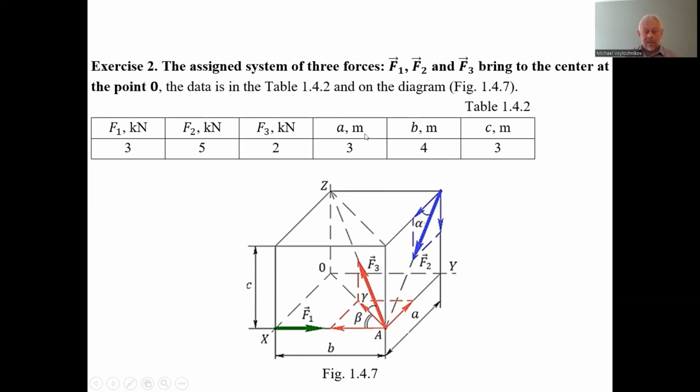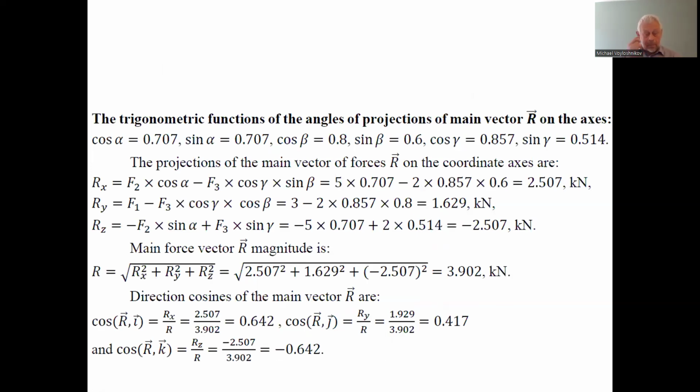A and C are two sides of the right angle triangle: C is 3 meters, A is 3 meters. So this is a right angle triangle, alpha is 45 degrees, and cosine and sine alpha are equal to 0.707.